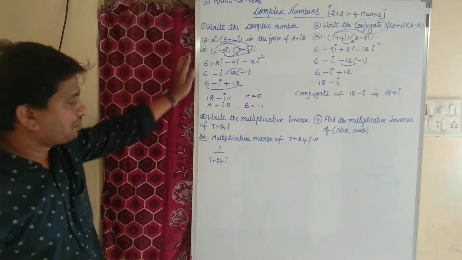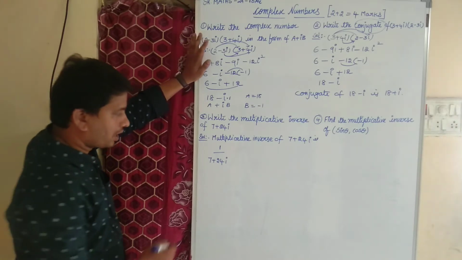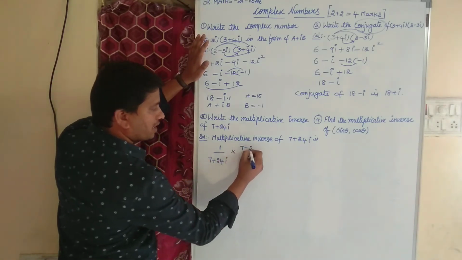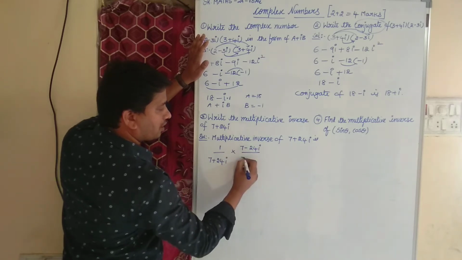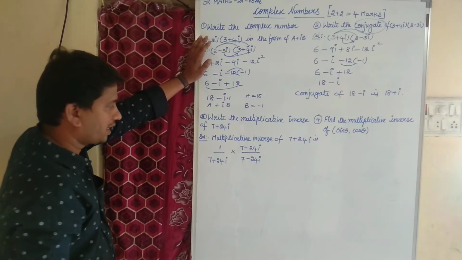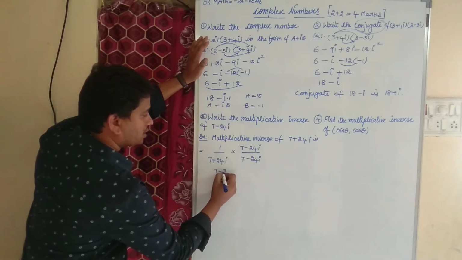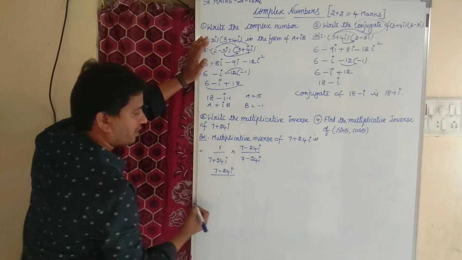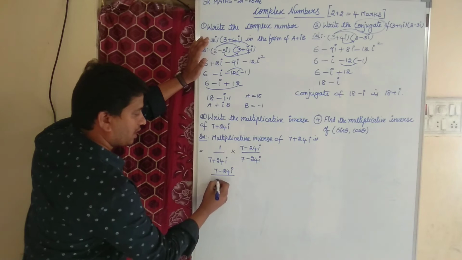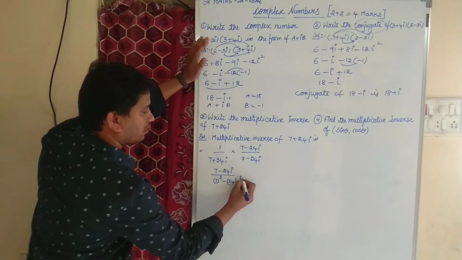Now rationalize the denominator. As the denominator is 7 plus 24i, let us multiply by 7 minus 24i divided by 7 minus 24i. Now 1 into 7 minus 24i, that is 7 minus 24i, divided by a plus b into a minus b, I mean a square minus b square, that is 7 square minus 24i whole square.